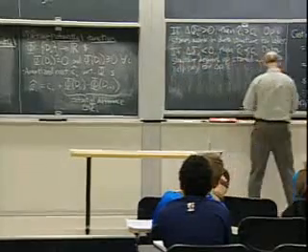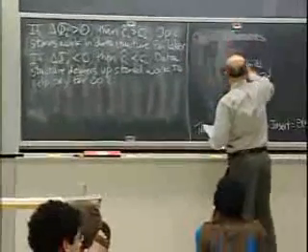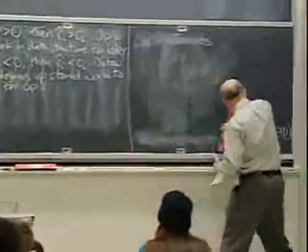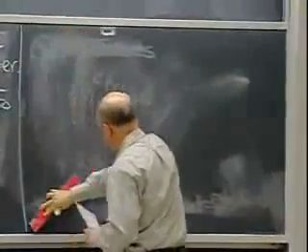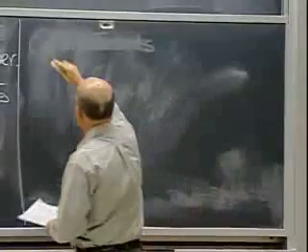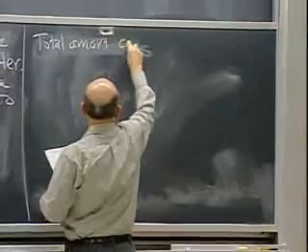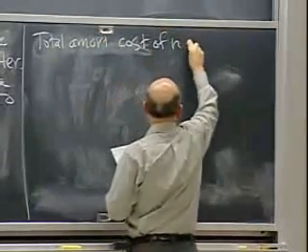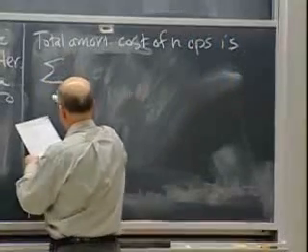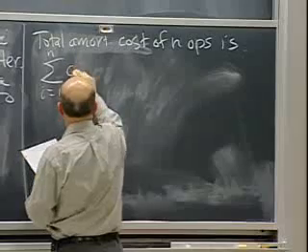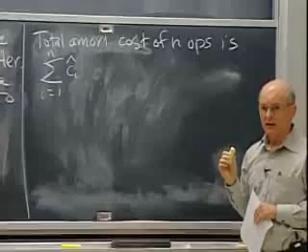So why is this a reasonable way to proceed? Well, let's look at the total amortized cost of n operations. That's just the sum from I equals 1 to n of c sub I hat. That's the total amortized cost.